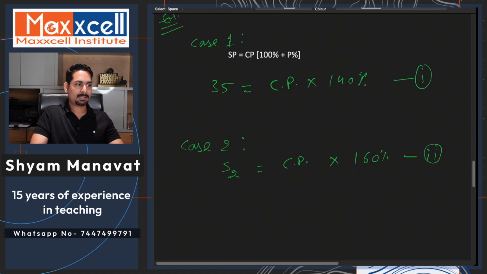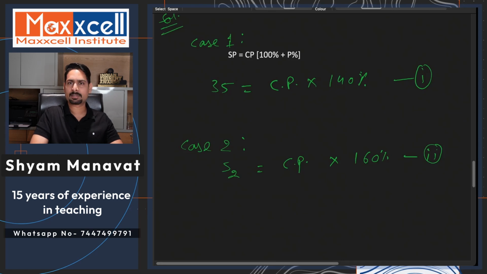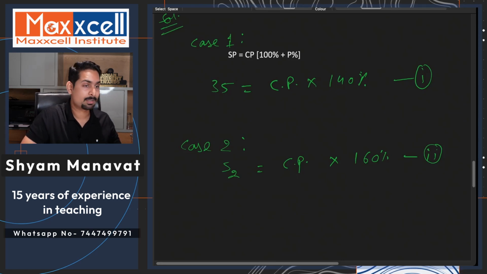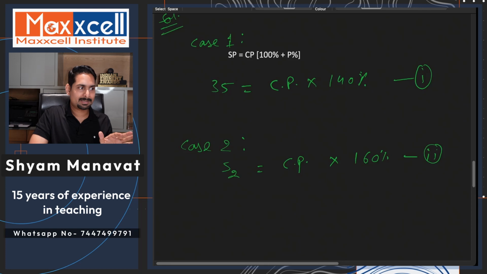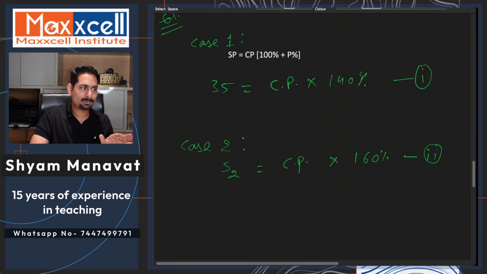Now here I can calculate cost price, replace the cost price here and calculate selling price. But you know there are no step markings in the exam. So what do I do? I want to reduce the steps to get the answer faster. I will simply eliminate this cost price. And I can see cost price is in multiplication here. Right?